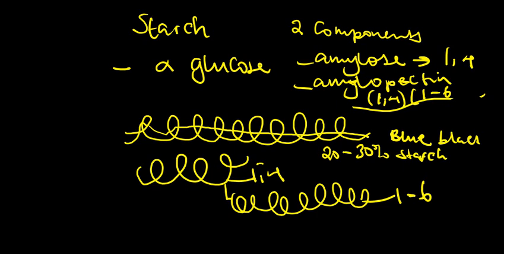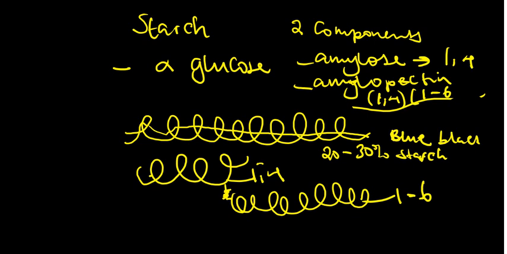But when you look at amylopectin, it is similar in structure, but it has 1,6 glycosidic bonds and its chains are actually shorter. So these chains that you're able to see are short, and the chains within its structure are also short.